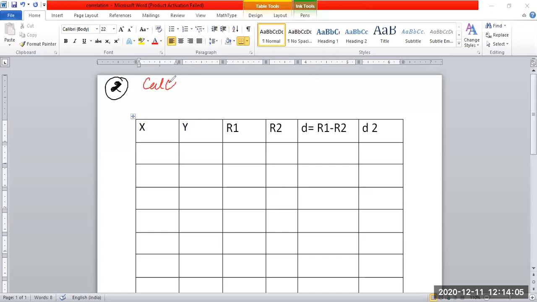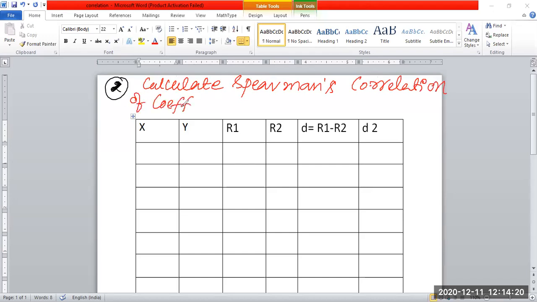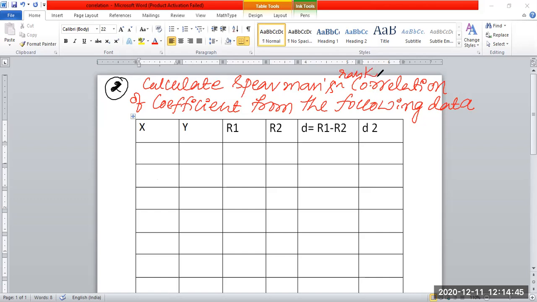Calculate Spearman rank correlation coefficient from the following data.